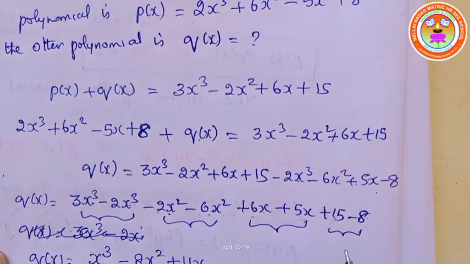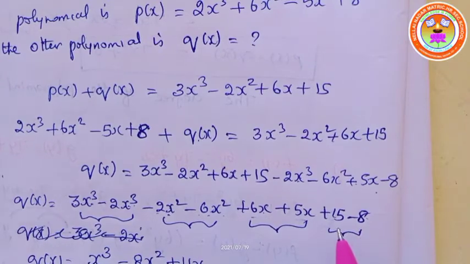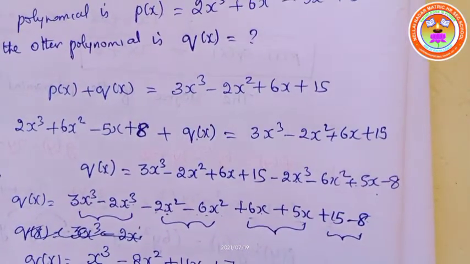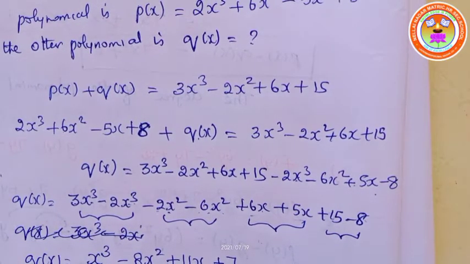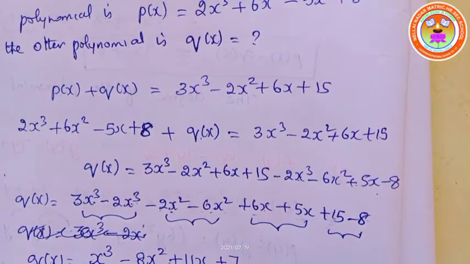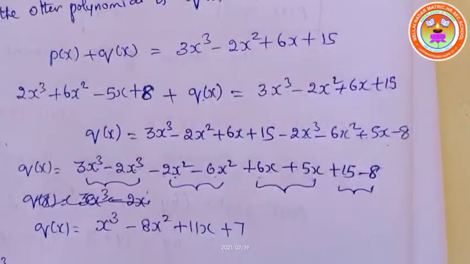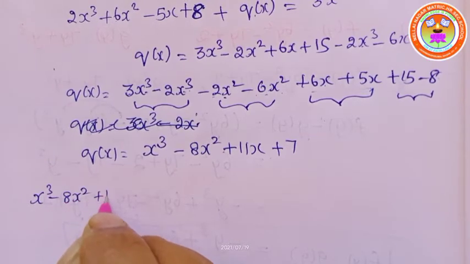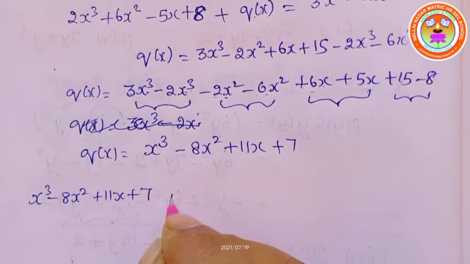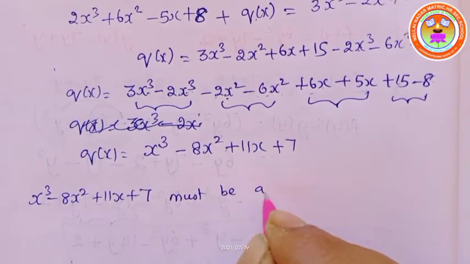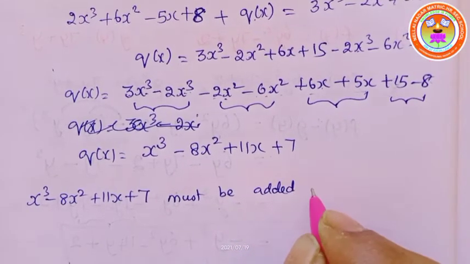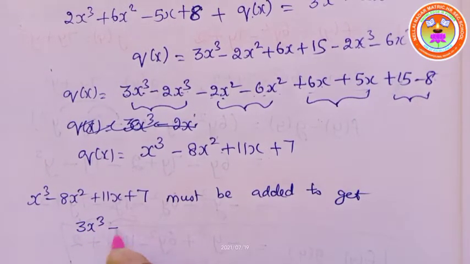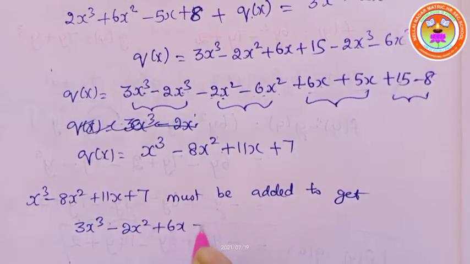15 minus 8 is constant. So 15 minus 8, that is subtract. 15 minus 8 is what? You get 7. So x cube minus 8x squared plus 11x plus 7 must be added to get 3x cube minus 2x squared plus 6x plus 15.